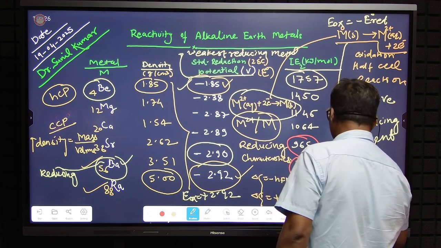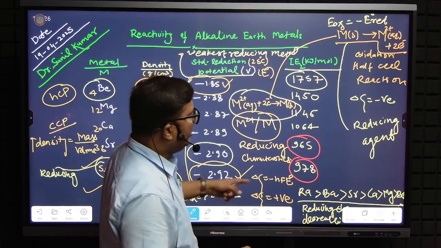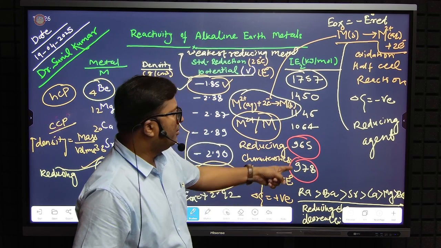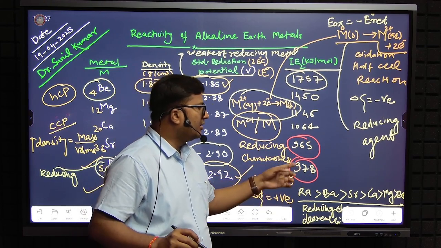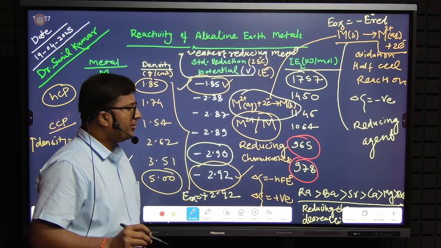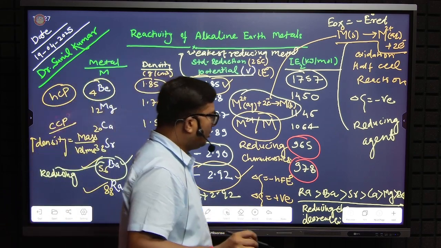978. Generally it should decrease from barium to radium, rather it is increasing a little, approximately 13 kilojoule per mole. Why does this actually happen?